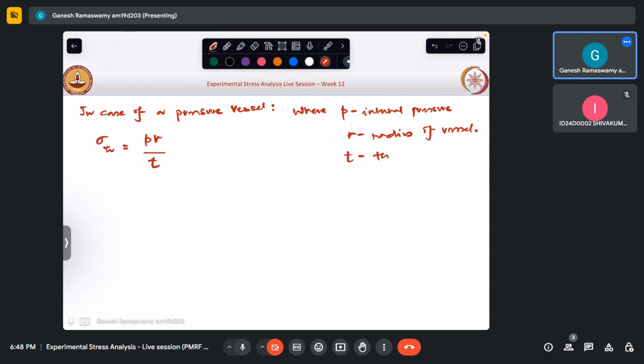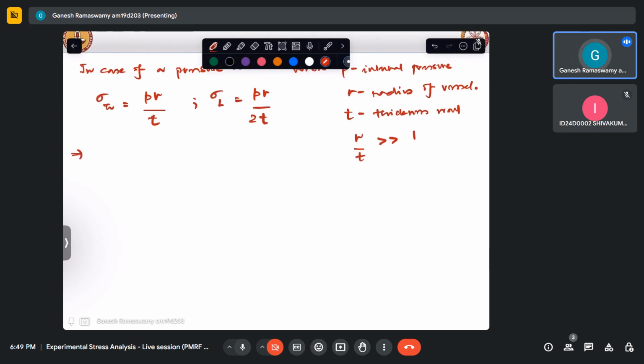T is the thickness of the wall. So the assumption is that R by T is much, much greater than 1. Thickness is extremely small as compared to the radius. So that is when this expression holds. Similarly, we have the longitudinal stress as PR by 2T.